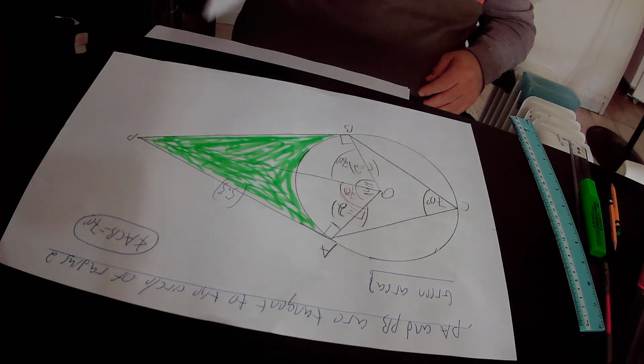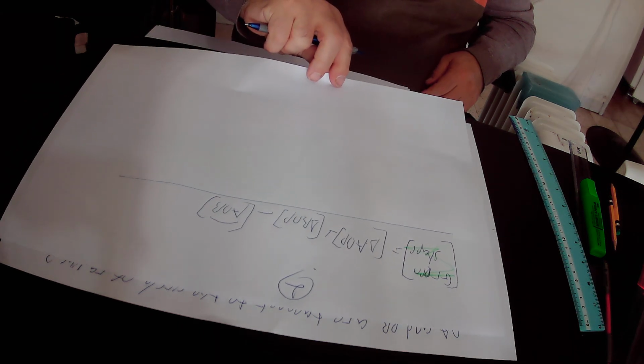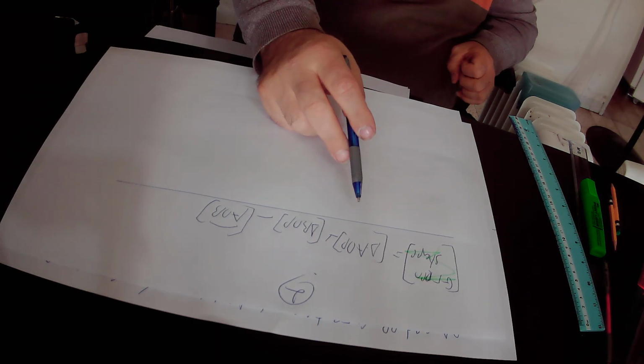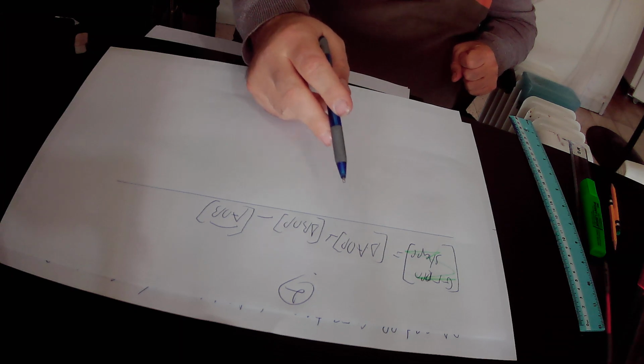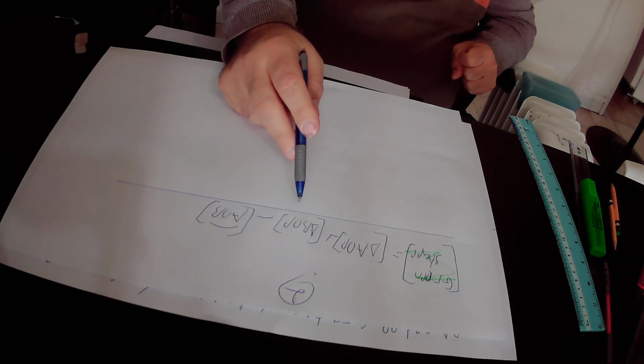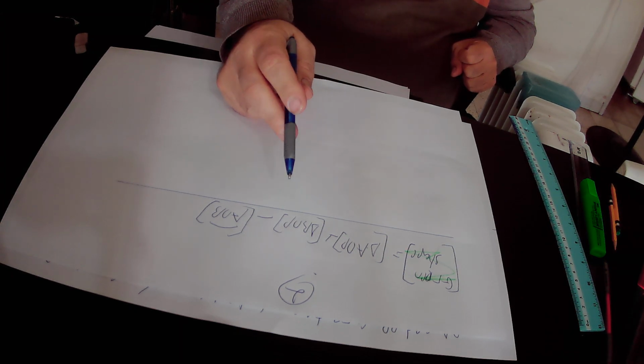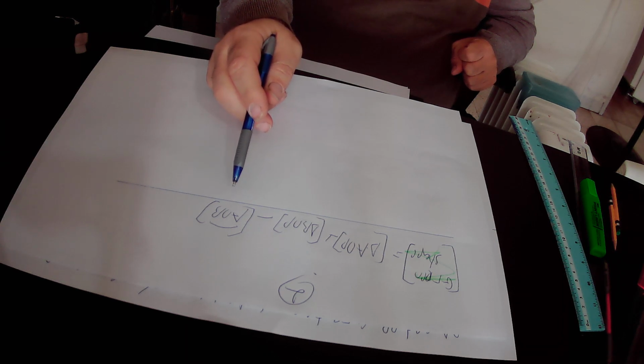So the area of the green shape equals the area of the right upper triangle AOP plus the area of the right lower triangle BOP minus the area of sector AOB.